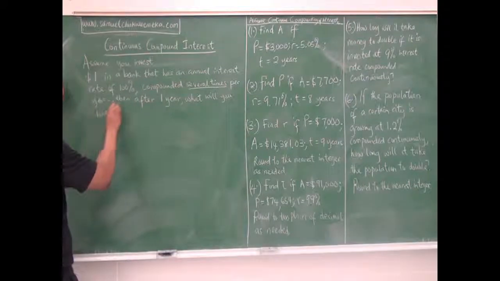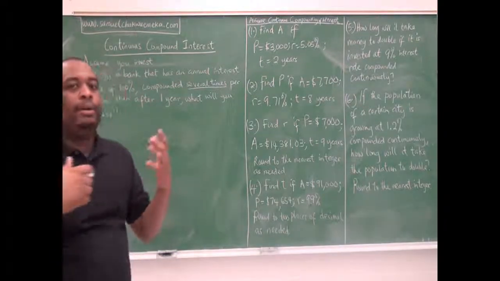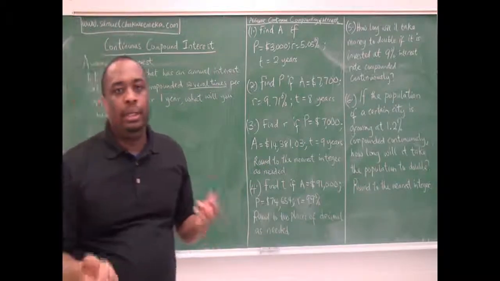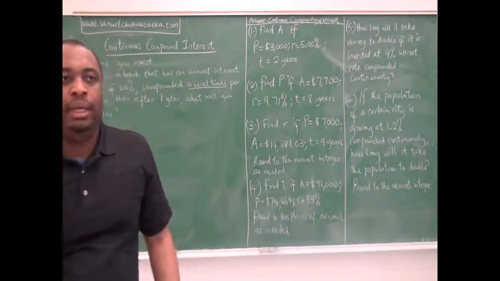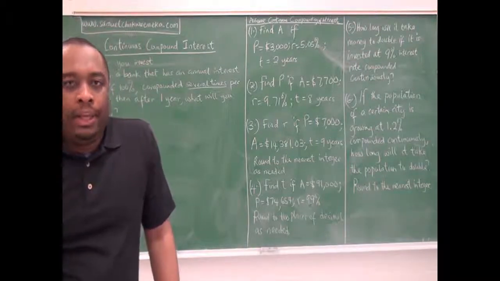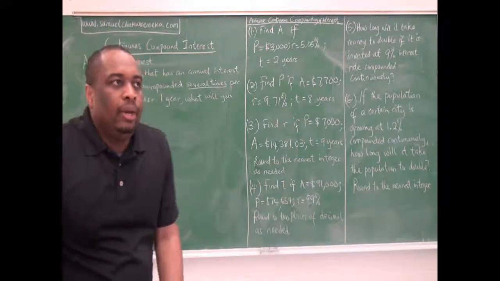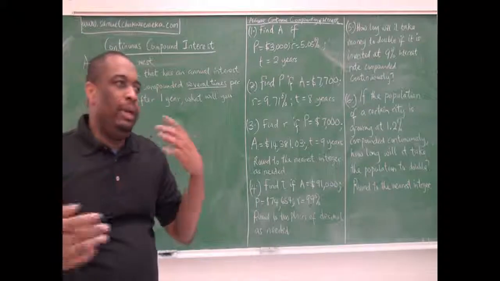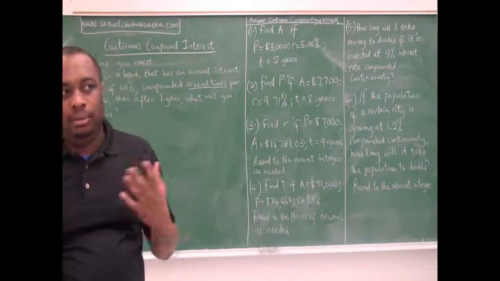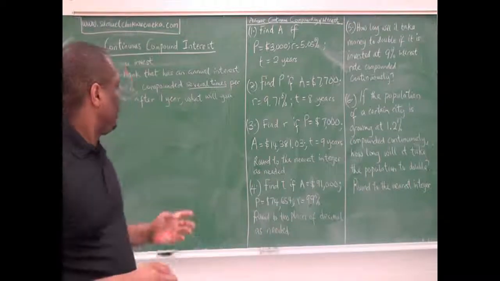Let's say the several times we talk about is compounded annually, compounded semi-annually, compounded quarterly, compounded monthly, compounded daily. So let's see how much you will have, so that from there we can observe something.